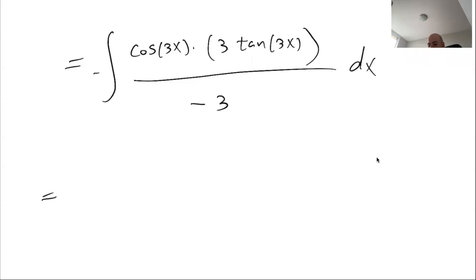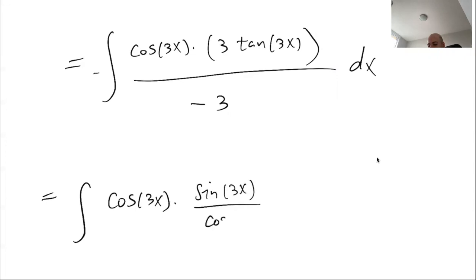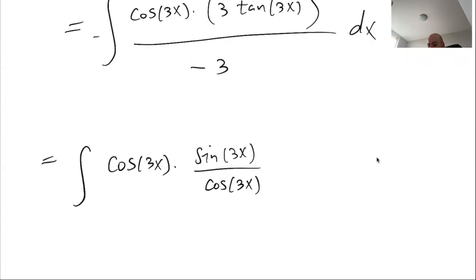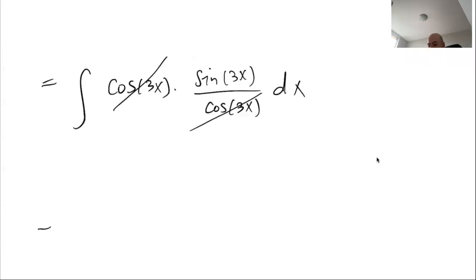So 3 cancels, minus cancels. So I will have integral cos 3x times tan 3x. Tan 3x means sine 3x divided by cos 3x dx. So then this cancels with this. I'll be left with integral sine 3x dx.